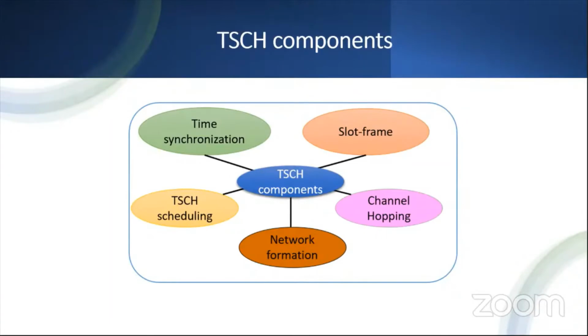And all of this is tied together tightly with time synchronization. These are the components of TSCH. If you implement these 5 components, then you have more or less implemented the complete 802.15.4e MAC. Okay, TSCH MAC. Very important. The MAC behavior here is TSCH. That's important.